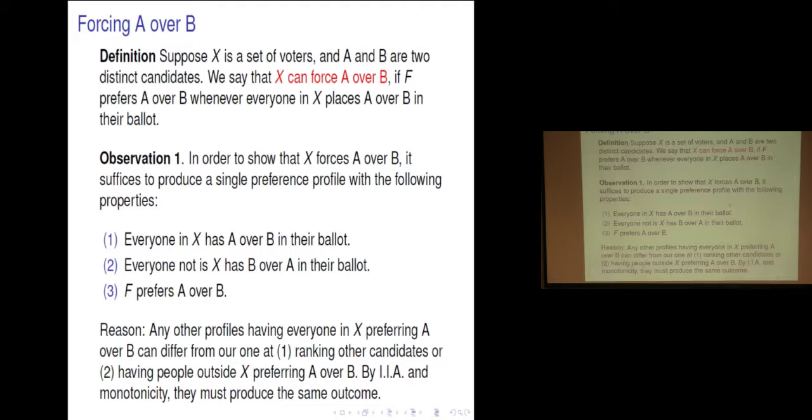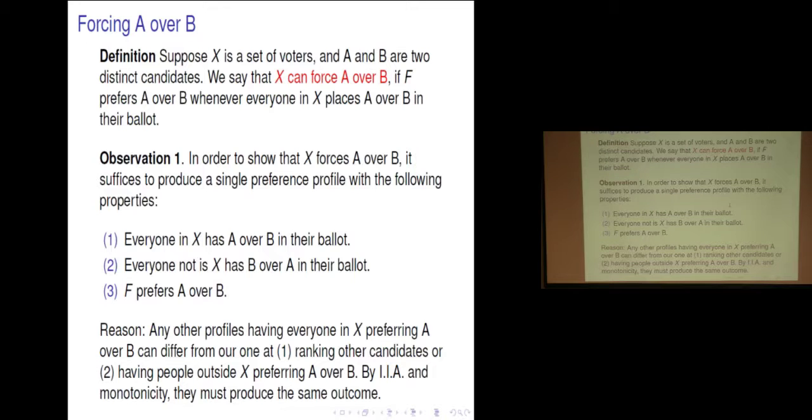It's a bit long, but okay. Let me make the last attempt. You see the definition says whenever, right? Whenever everyone in X plays A over B, then F will go for A over B. So the whenever actually includes lots of cases. The observation says the whenever can be reduced.